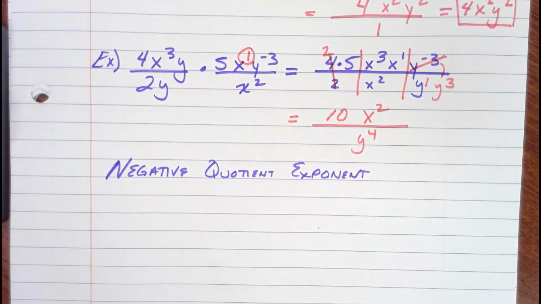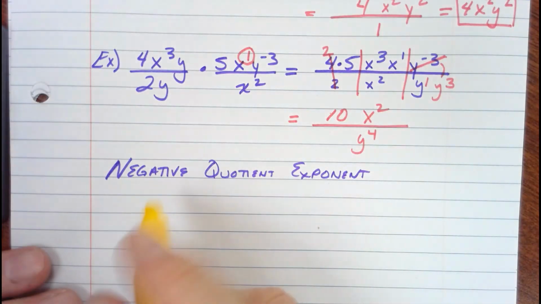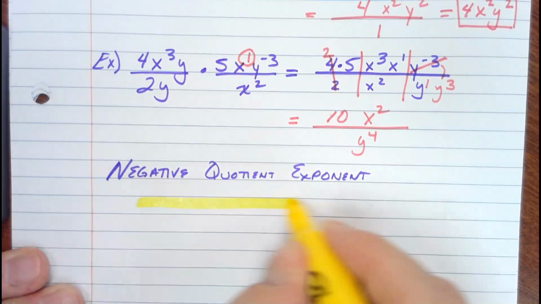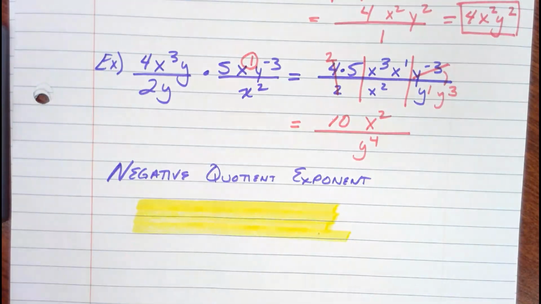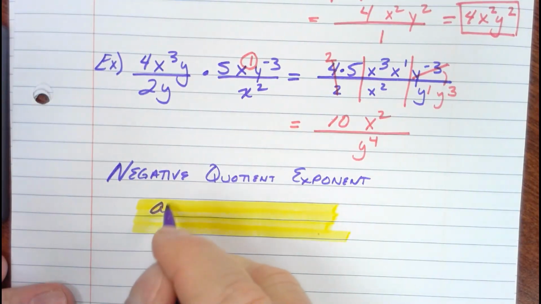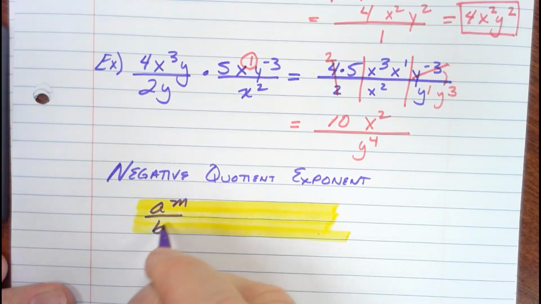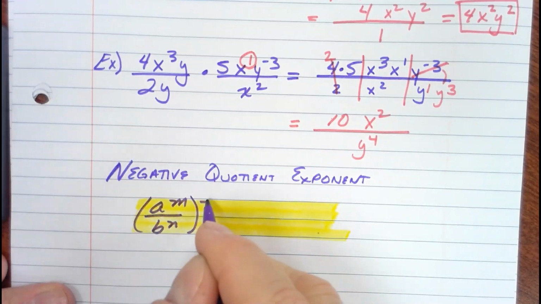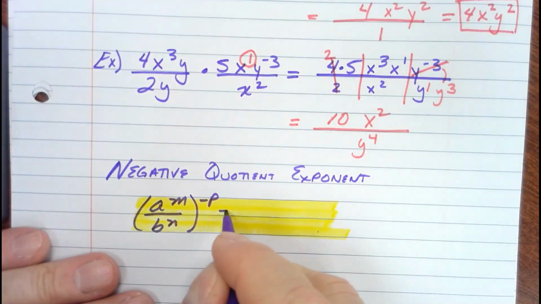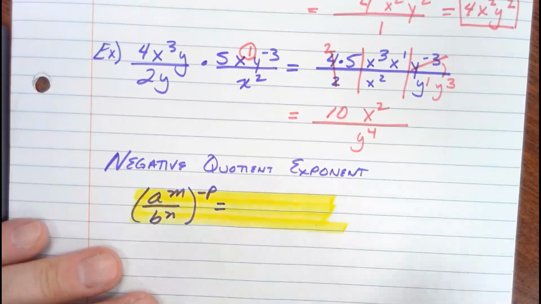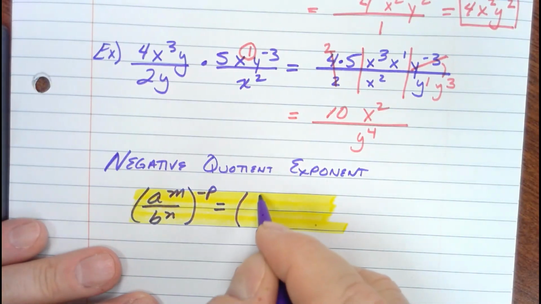Now, this property says a to the m power over b to the n power raised to the negative p. The trick and the shortcut is that this flips.